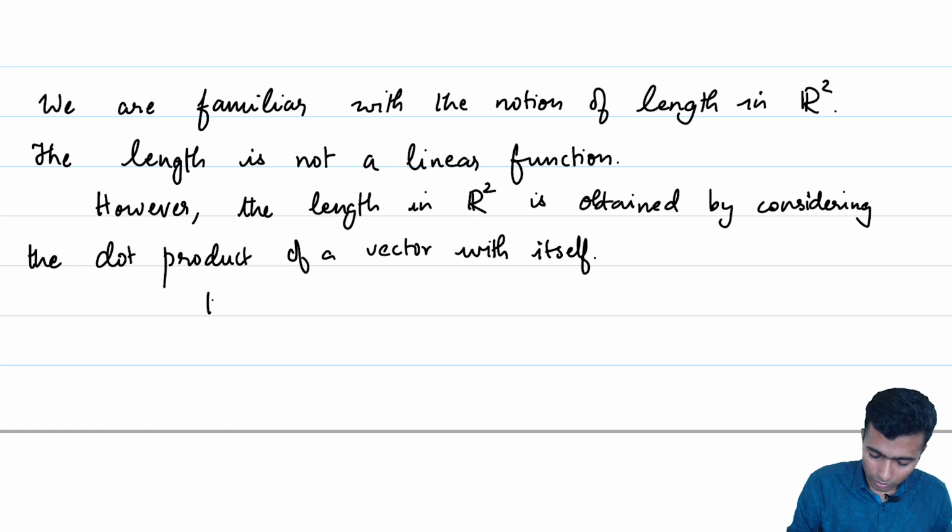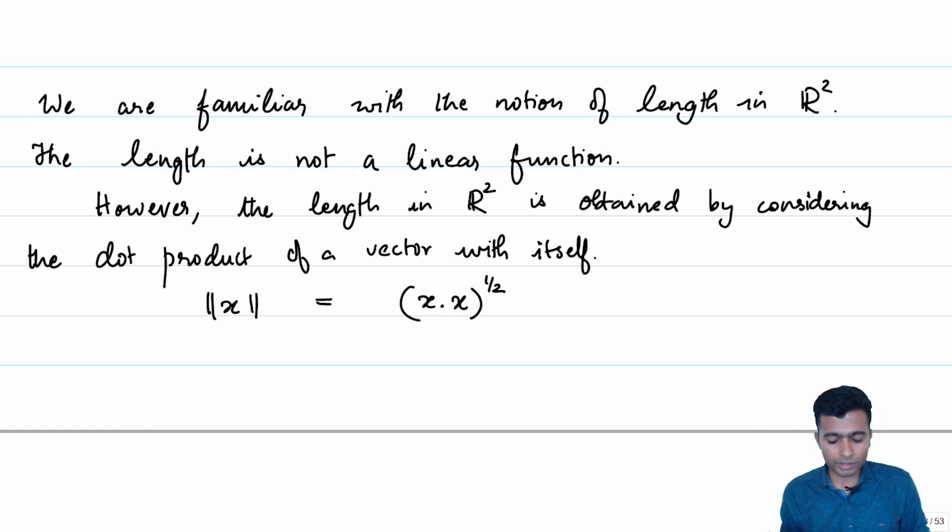So the norm of x is just equal to (x dot x) to the power 1 by 2, if you are already familiar with the notion of dot product.